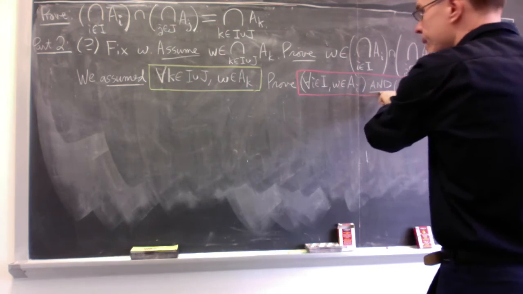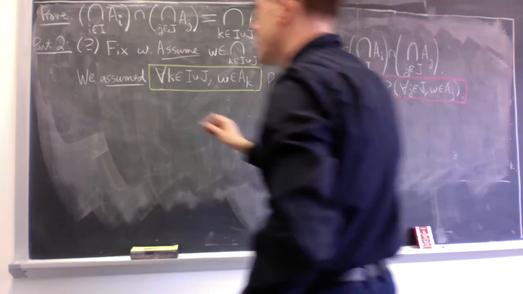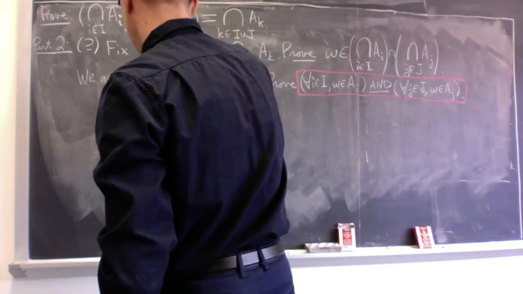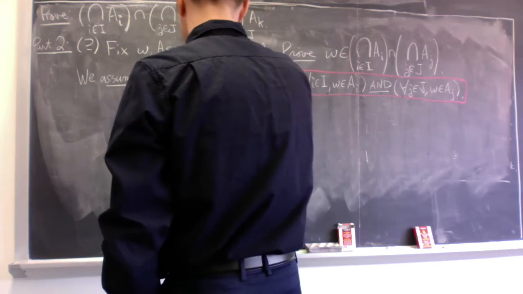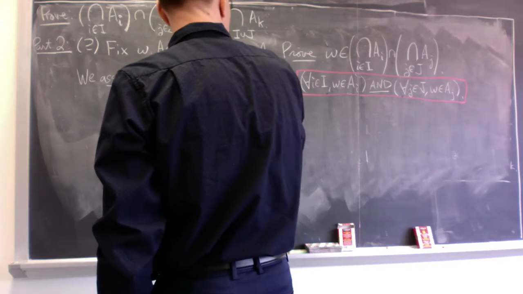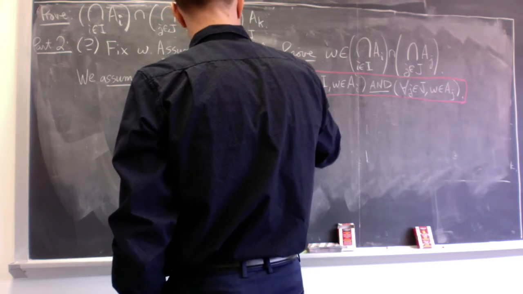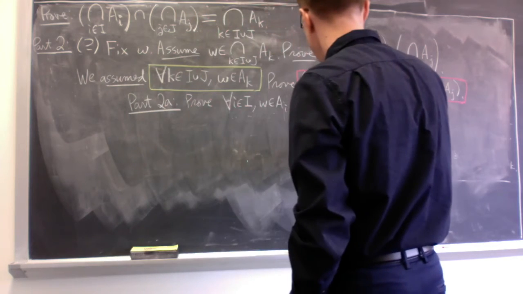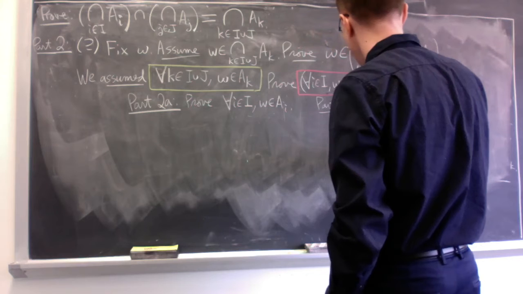What's the goal? It's an and statement. How do you prove an and? You do 2 parts within part 2. Part 2a, let's prove the first part of the and. And in part 2b, let's prove the second part.